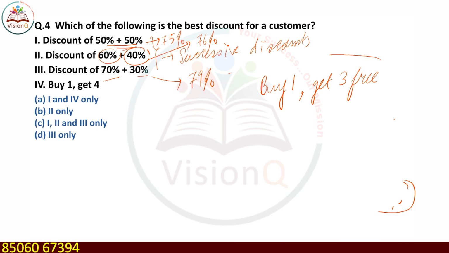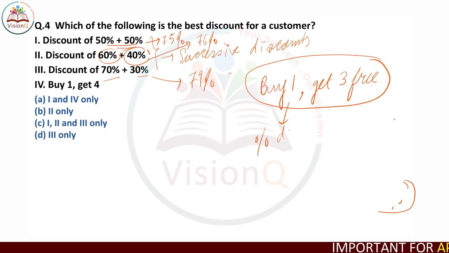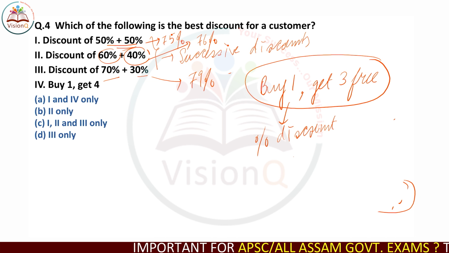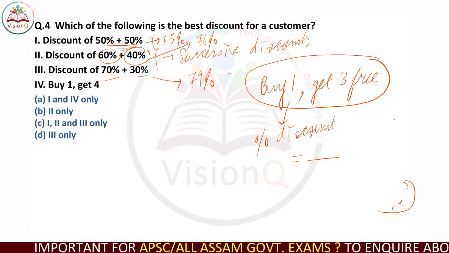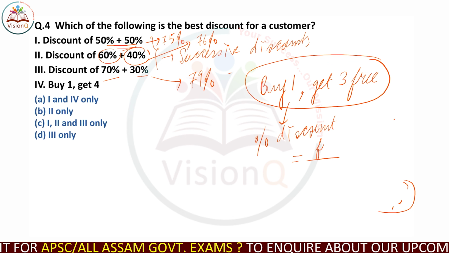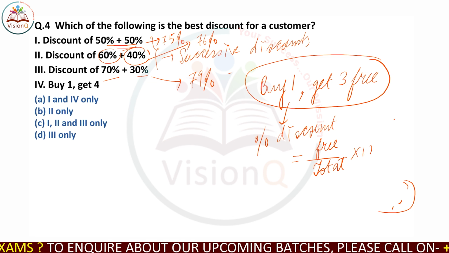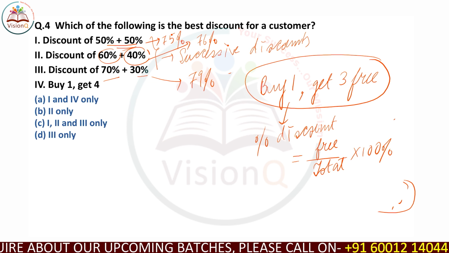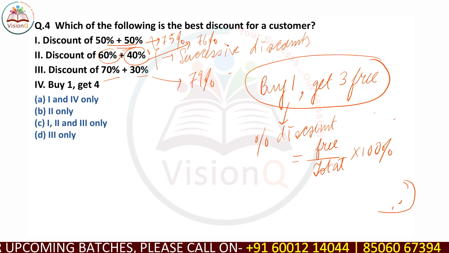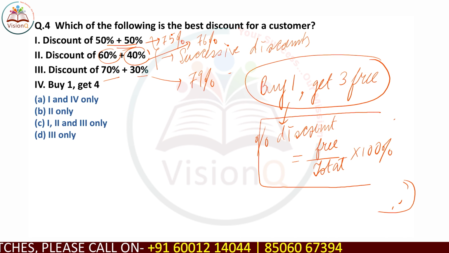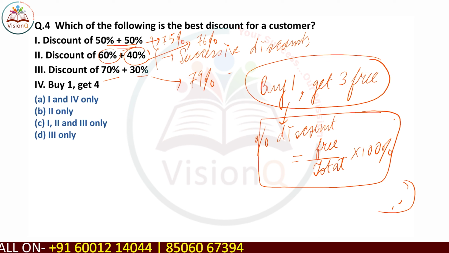In such questions, we are asked to find the overall discount or net percentage discount offered by the shopkeeper. A simple formula is applicable: free upon total into 100%. Just remember this formula to find the overall percentage discount.